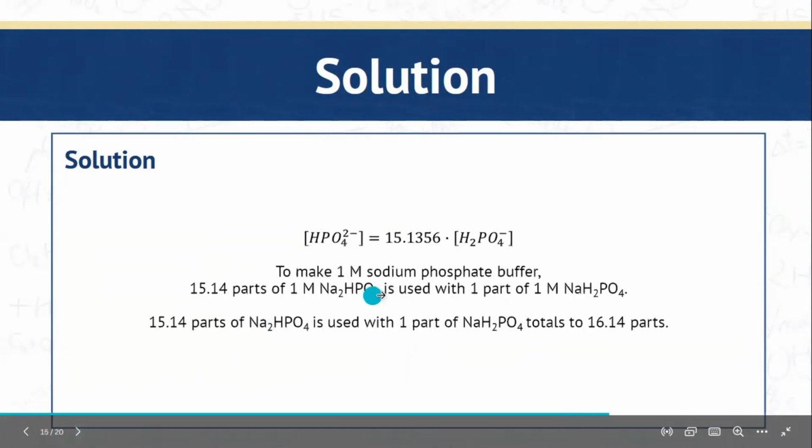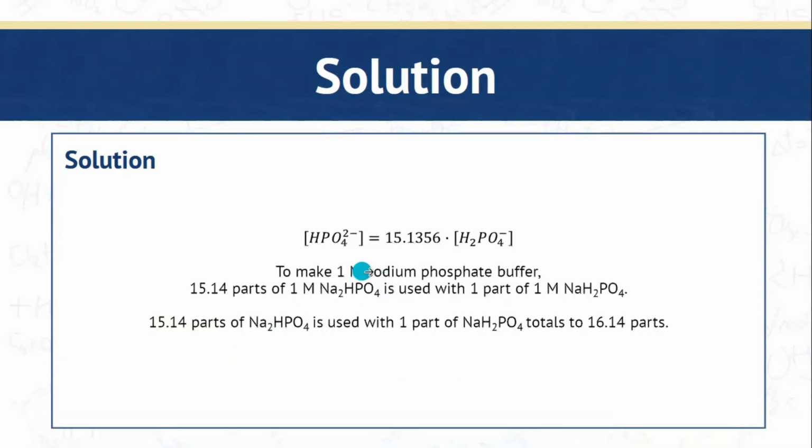So what does this mean? To make a 1 molar sodium phosphate buffer, we need 15.14 parts of 1 molar disodium hydrogen phosphate with 1 part of 1 molar sodium dihydrogen phosphate.